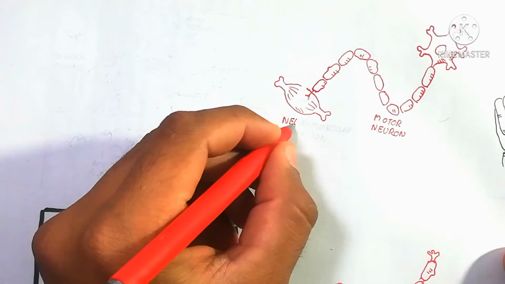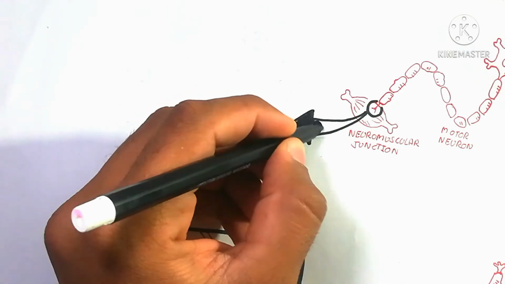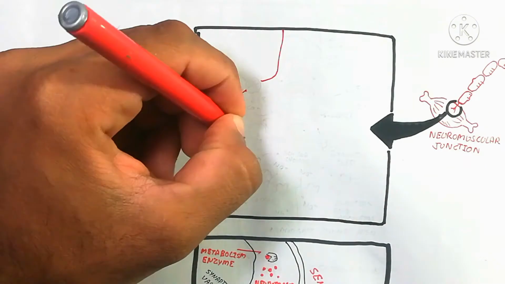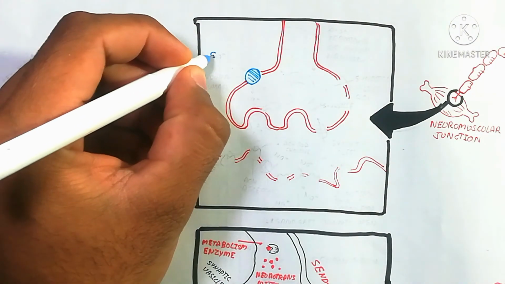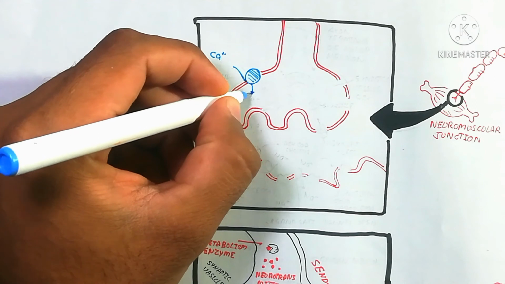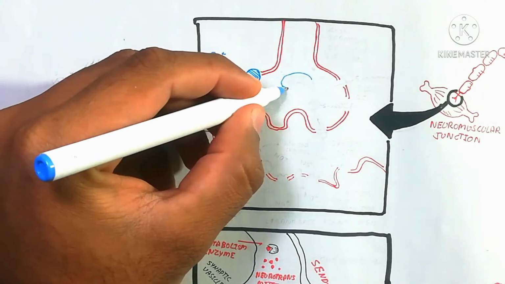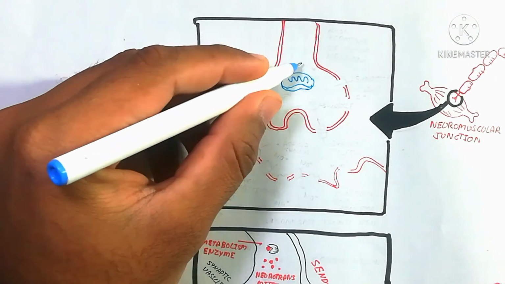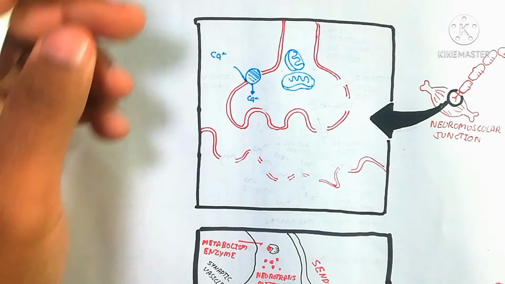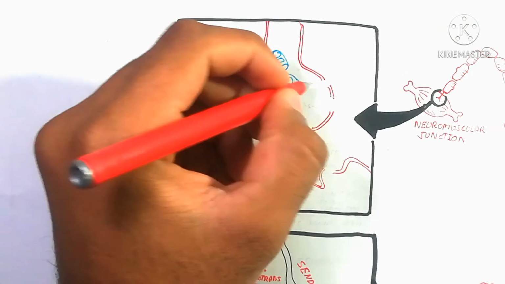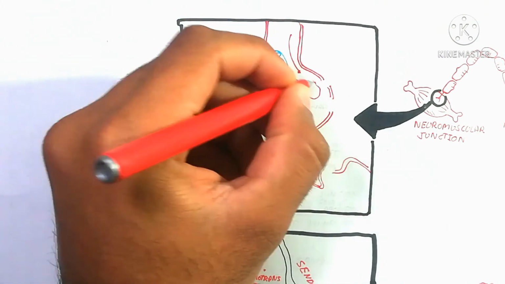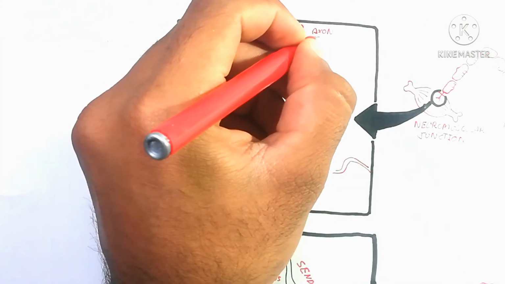So the neuron will be attached to the muscles to produce a neuromuscular junction. Here is the neuron and downward is the muscle cell. The calcium ion will go inside to create more positive charge inside as compared to the outside of the cytosol, the outside intercellular space.